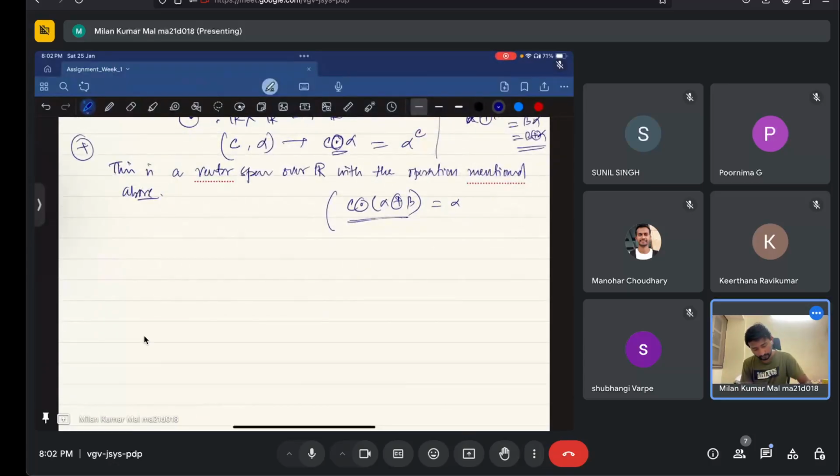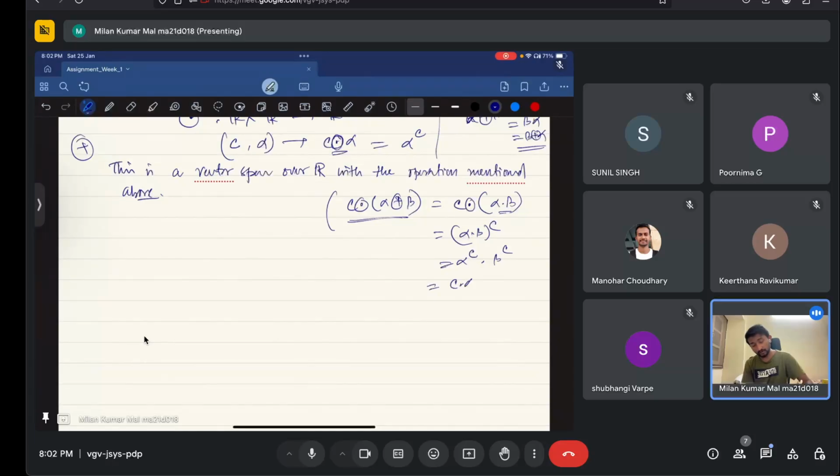Alpha plus beta means C dot alpha beta, where this dot is the scalar multiplication and alpha beta inside is the usual multiplication. So it is alpha dot beta to the power C.